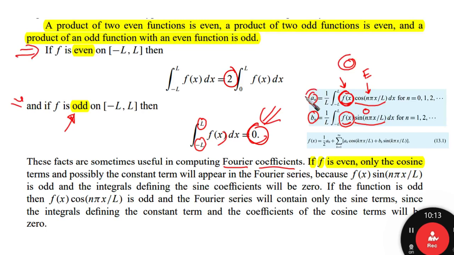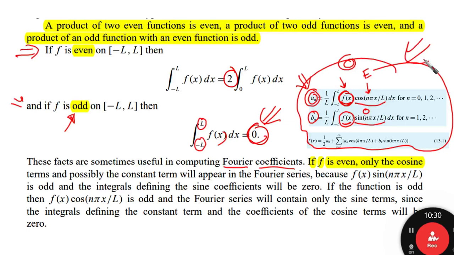This means that this coefficient is going to be 0, right? So the benefit of knowing odd and even functions and their products is in the calculation of the coefficients for Fourier series. It will greatly simplify our calculation, especially in terms of integration.